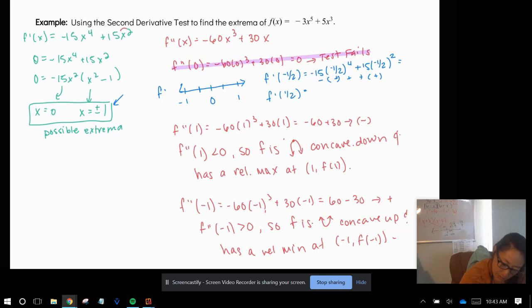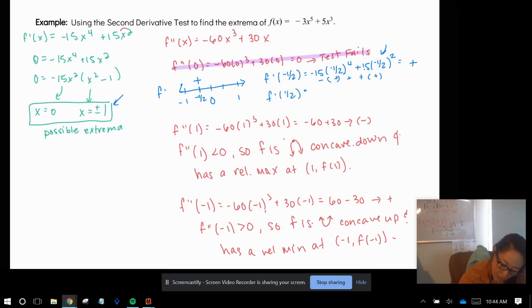This would be 15 sixteenths and 15 fourths. So we know that the second term is more positive, so we're going to end up with a positive. So at negative 1/2, we end up with a positive.